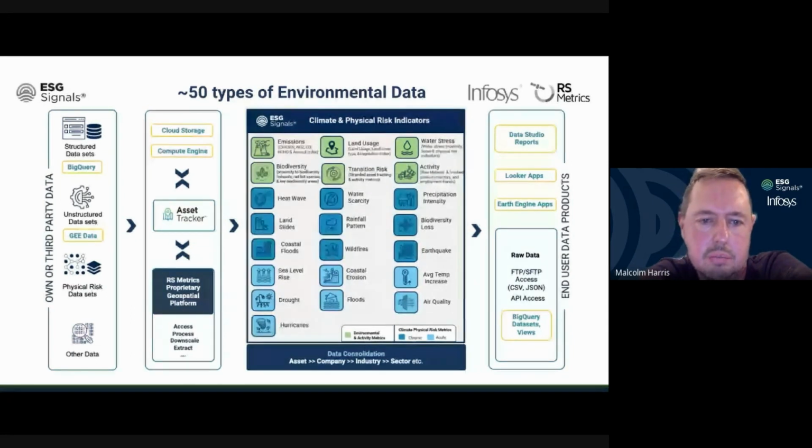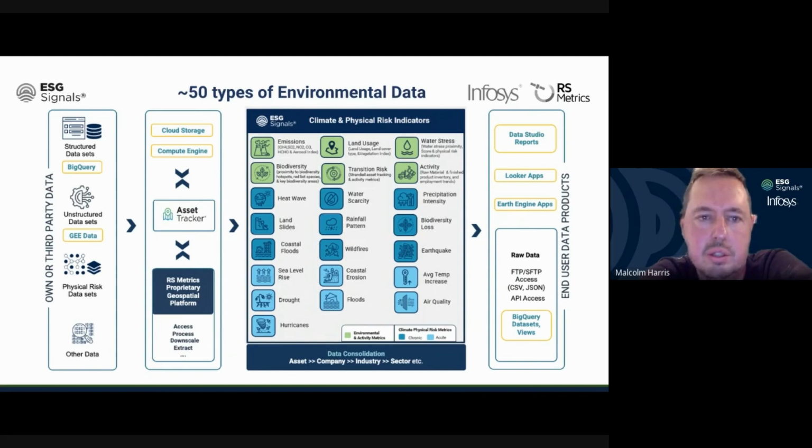So one thing that's important for us to offer is this comprehensive perspective where anyone at this company has all the necessary environmental data at their fingertips, right? Whether it's biodiversity, water stress, physical risk, right?